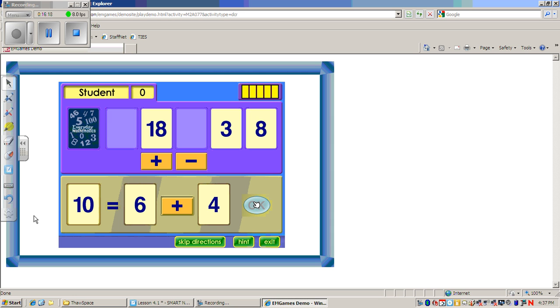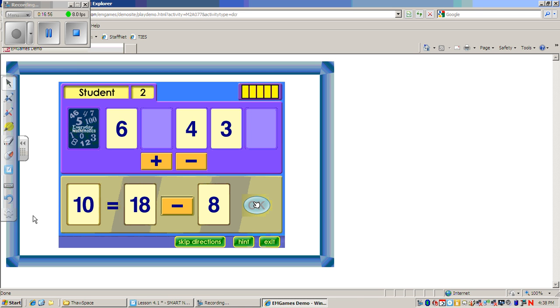You can switch cards if you like by dragging a new card on top of one of your cards. 18 minus 8 also names 10. When you're finished, click OK to enter your answer. For each round, you need to find only one number combination that names the target number. If your answer is correct, you get 2 points for that round. If you win all 5 rounds, you get 10 points.